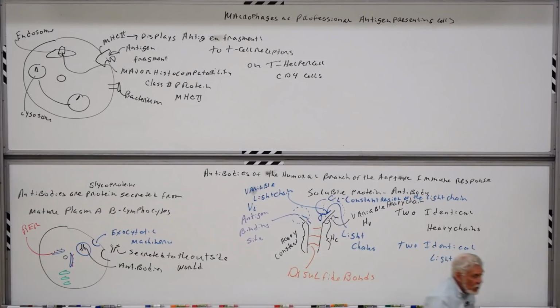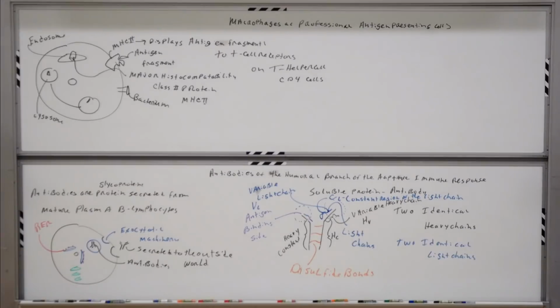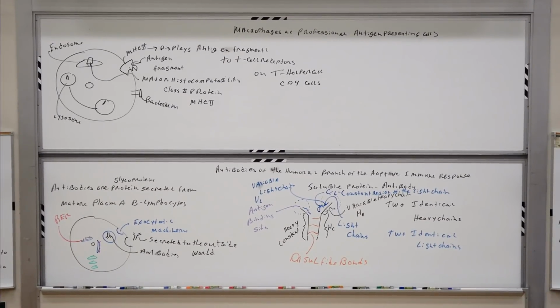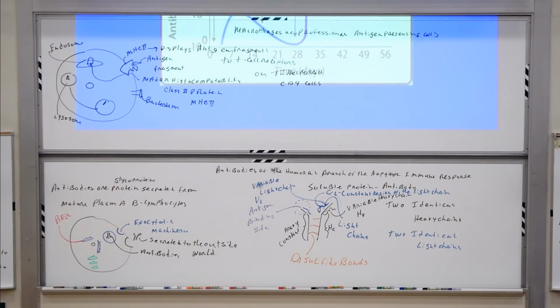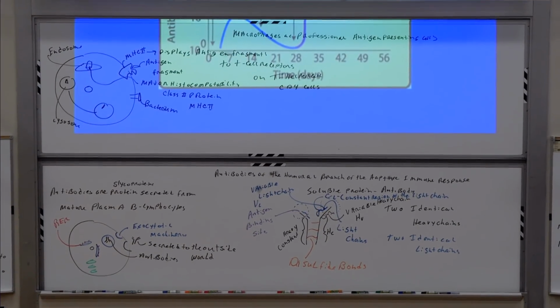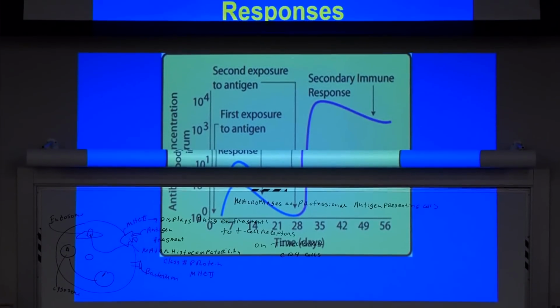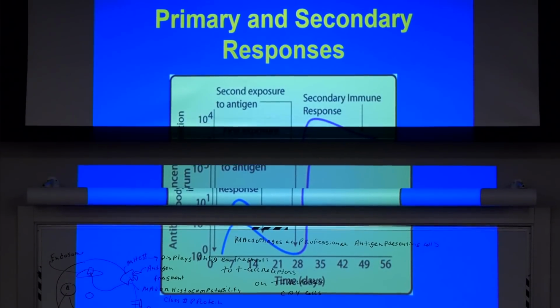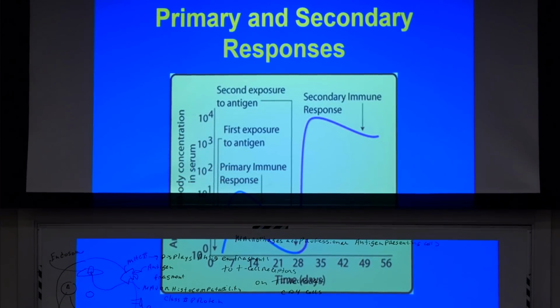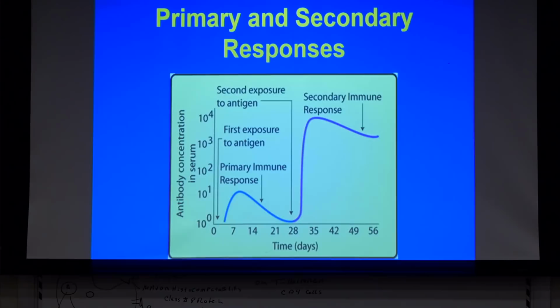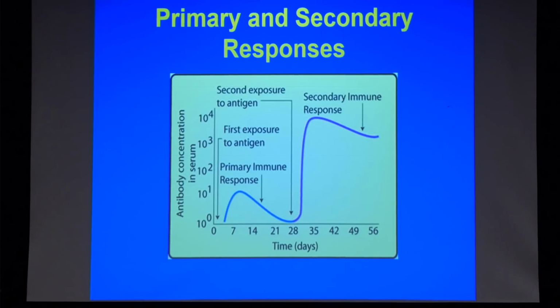Let's have a look at a couple of pictures here and see if I can straighten that out. This first image could have been drawn in about 1910, in the early days of immunology, when they began to recognize that over time, after an animal or a person was exposed to a foreign protein, an antigen, there would be an increase in the concentration of antibodies in the plasma.